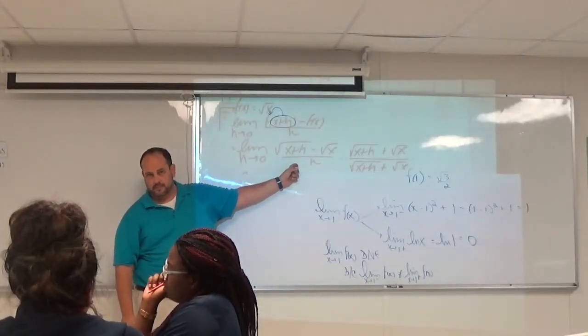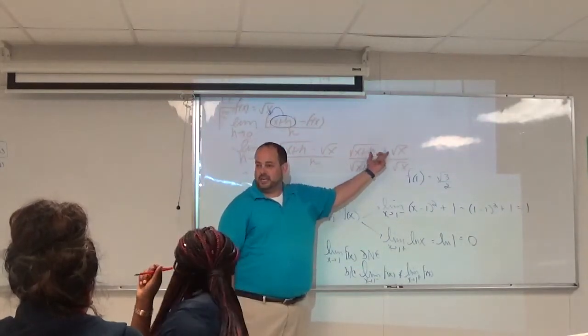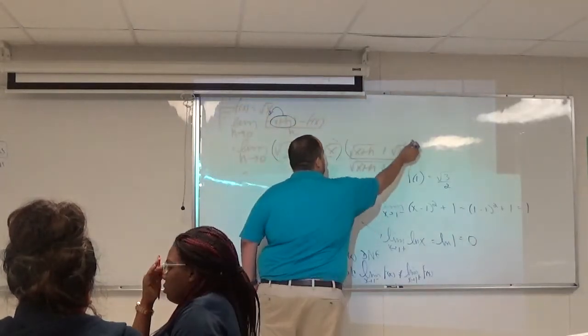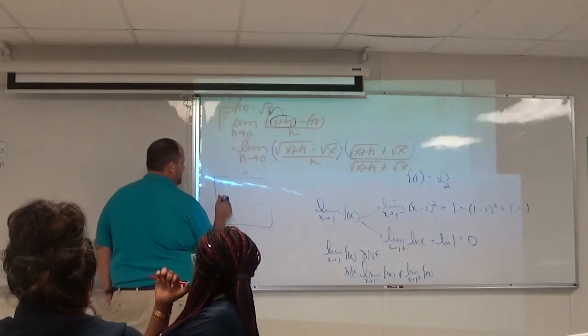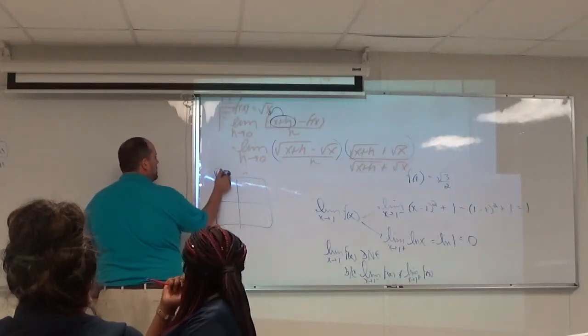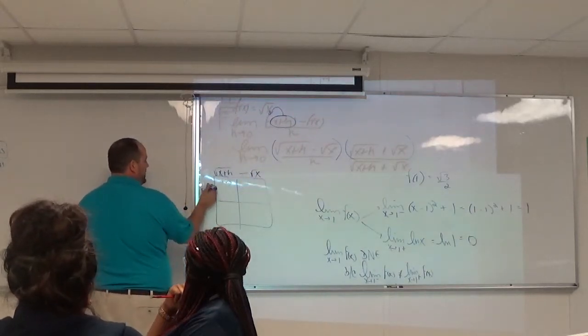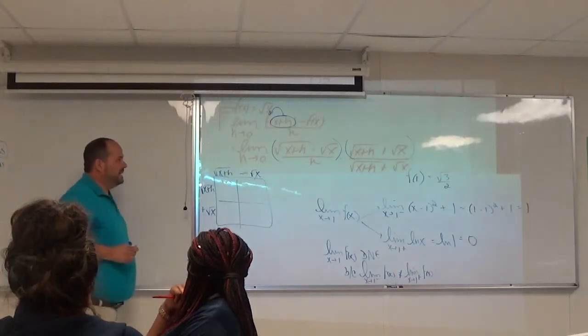Indeterminate form. So what you need to do is multiply by the conjugate. It's that fancy one. If you multiply this out, I wish I did this last period, because I think this is what blew their minds. Square root of x plus h minus the square root of x, times square root of x plus h plus the square root of x.